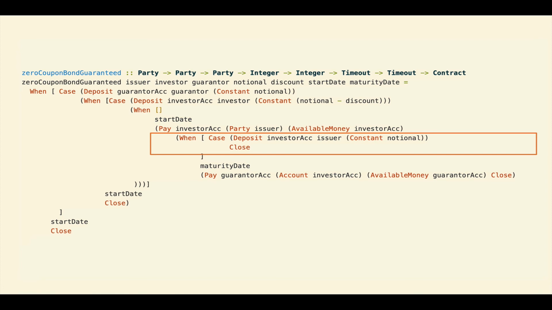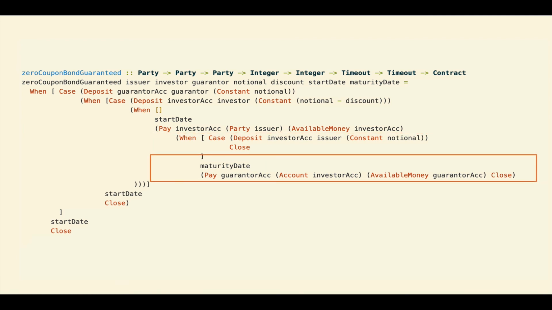And here we wait until maturity date. So presumably the issuer will only put it in close to maturity date. But if we hit maturity date and the issuer hasn't made the payment, then we make a payment from the guarantor account to the investor account, the available money in the guarantor account, which we know is the full notional value.